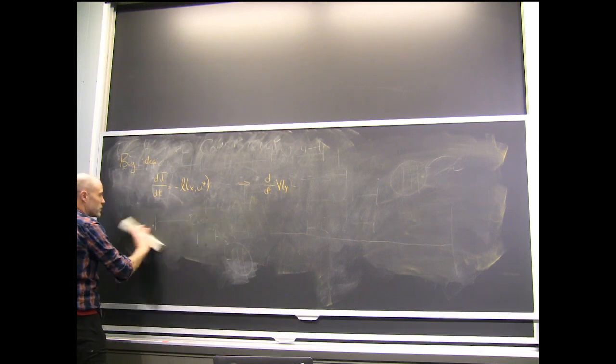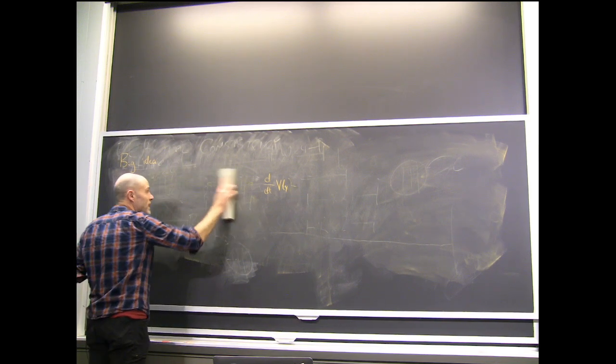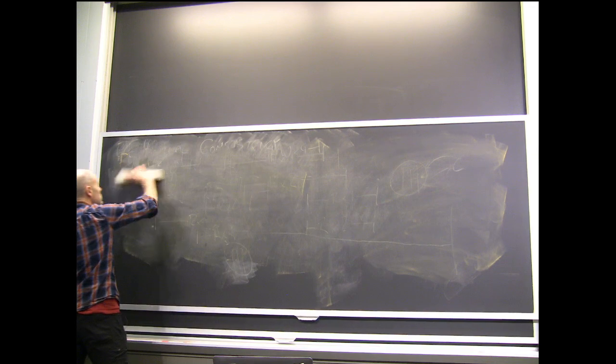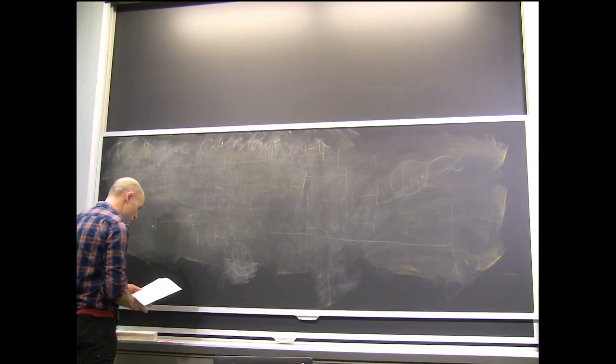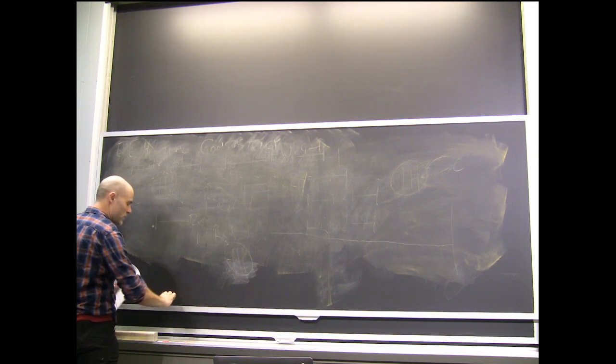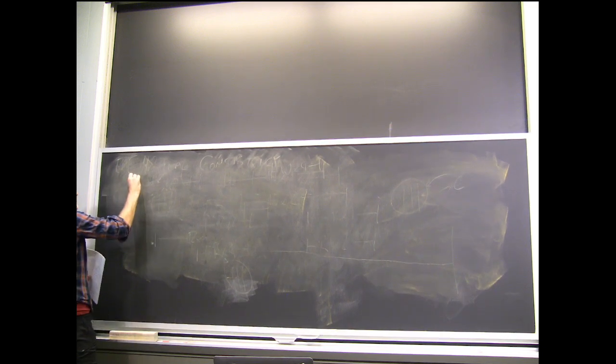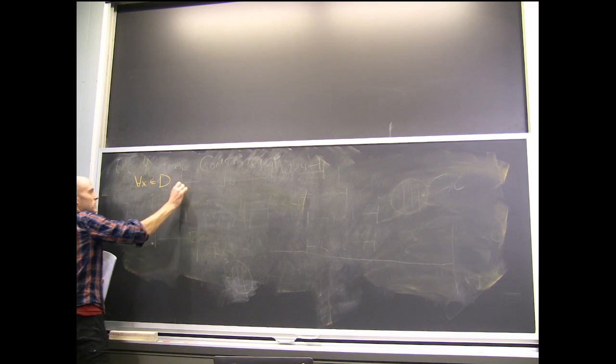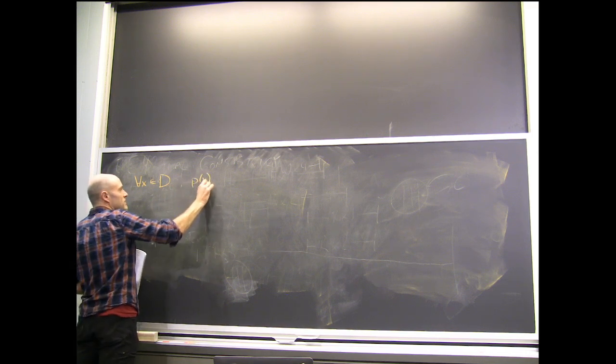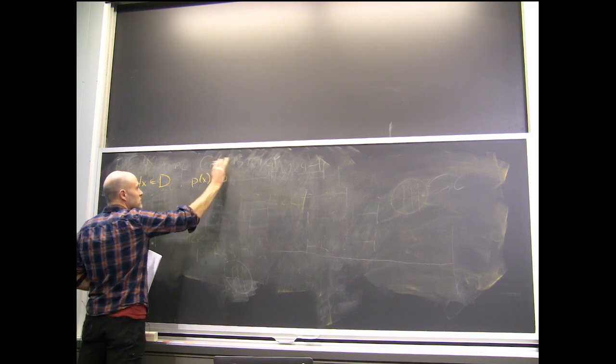We know how to search over things that are greater than or equal to 0 for all x. How do we search over, let's say, for all x inside some domain, p of x greater than or equal to 0?